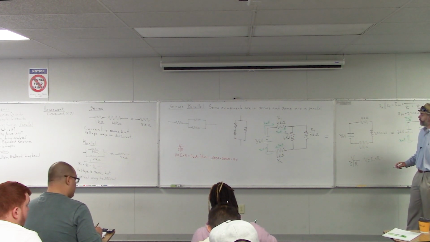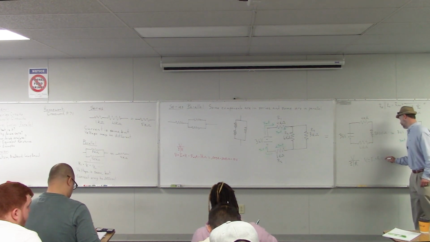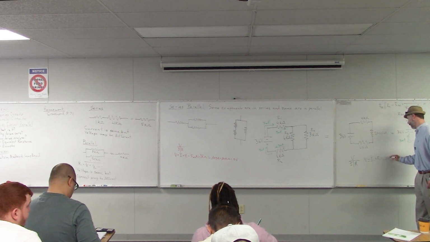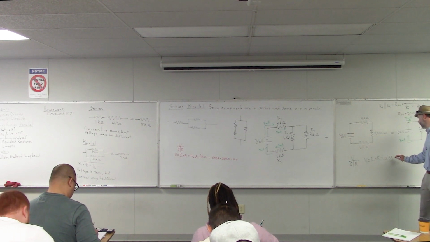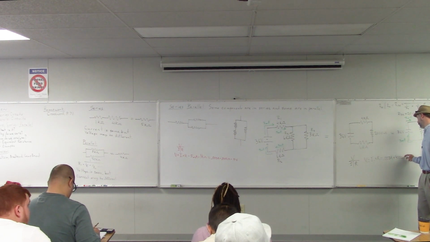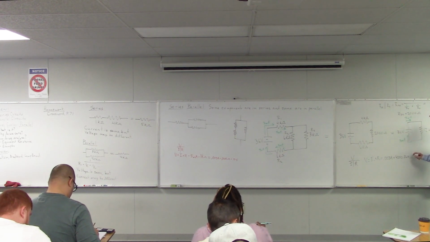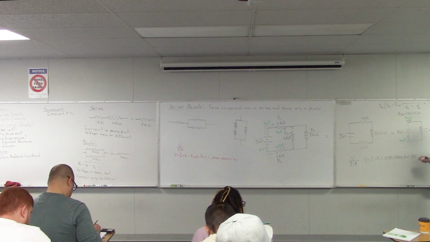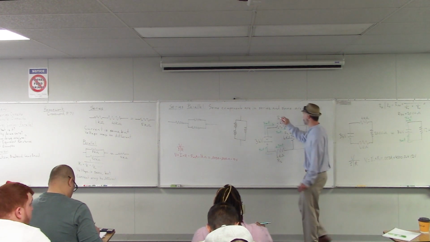In this case, I1 is 3 milliamps, or 0.003 amps. And then R1 is 4 kiloohms, so 4,000 ohms. So that gives us a total of 12 volts. So the voltage across R1 is 12 volts, and we can draw that in here.